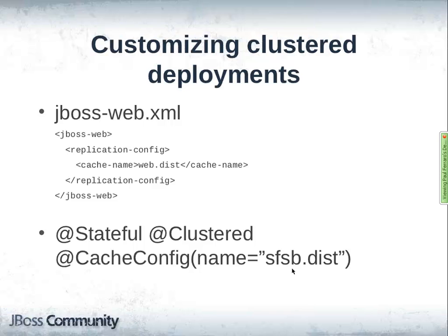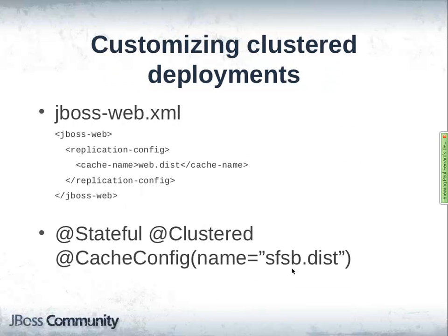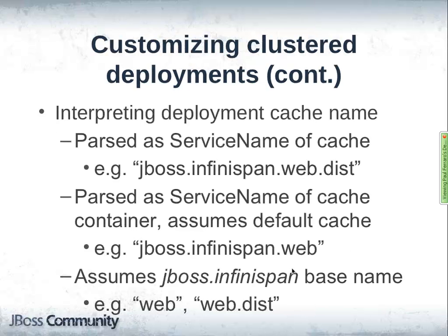And how is that cache name actually interpreted? Every cache defined in the Infinispan subsystem is associated with a service name, as well as the cache containers themselves. So if, in this previous example, I had defined my cache name as web.dist, that actually refers to the web container, and within the container, the dist cache.